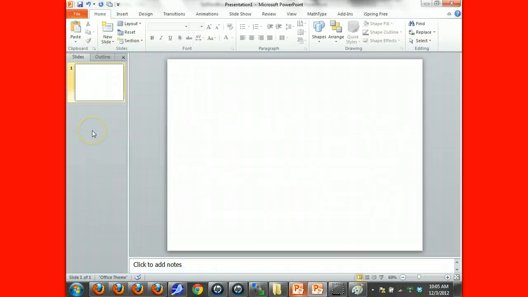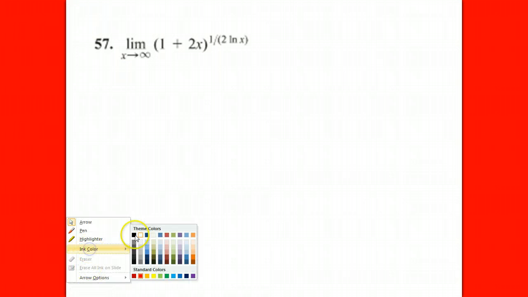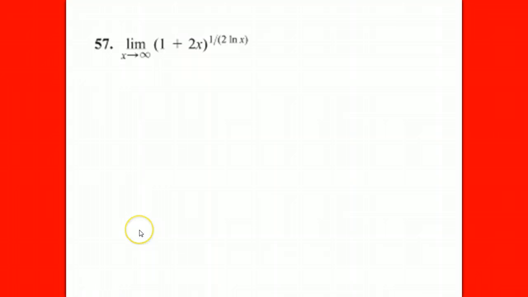Okay, so it's question number 57. Let me blow it up here. Great. 1 plus 2x raised to the 1 over 2 log x. Whenever you give a limit, the first thing you should try to do is to think about what happens as x goes to that number.